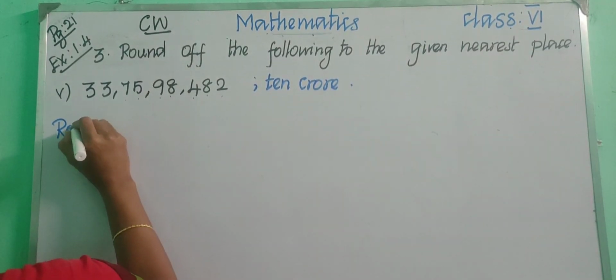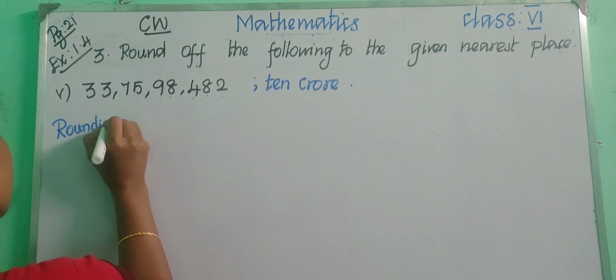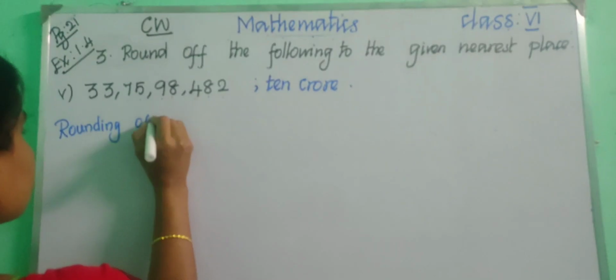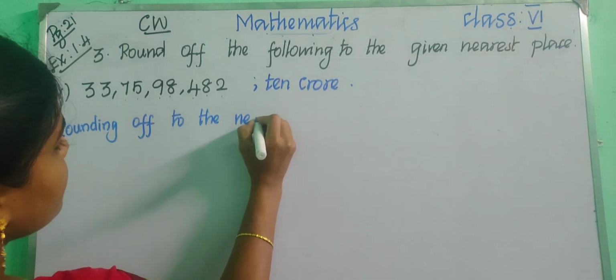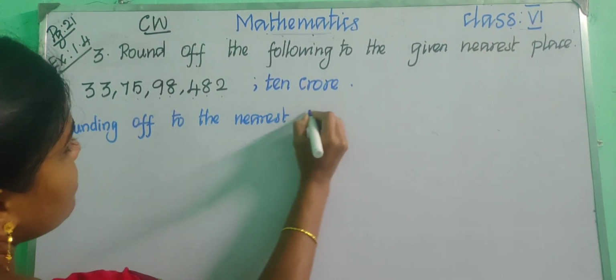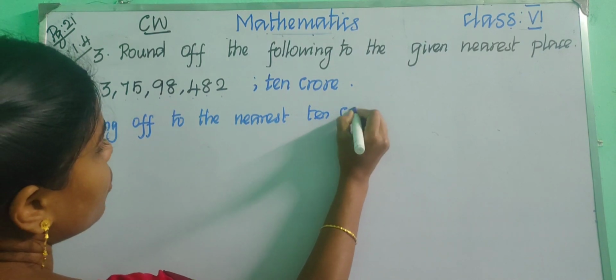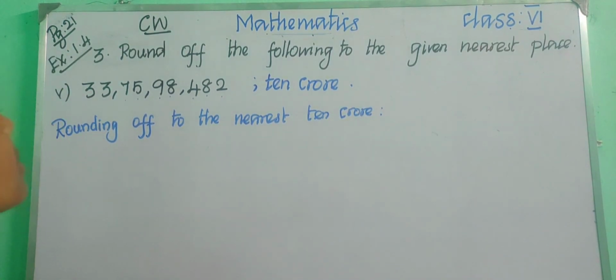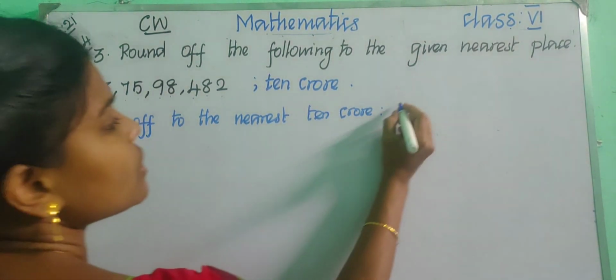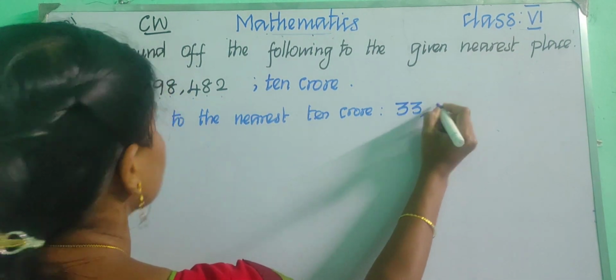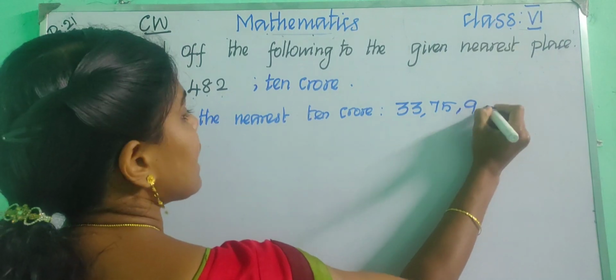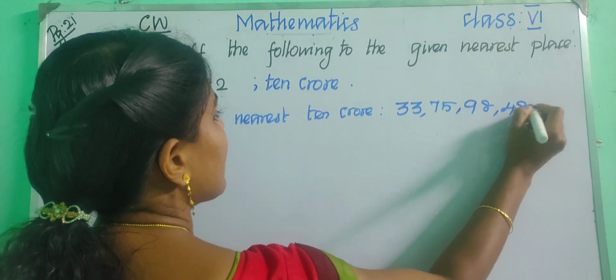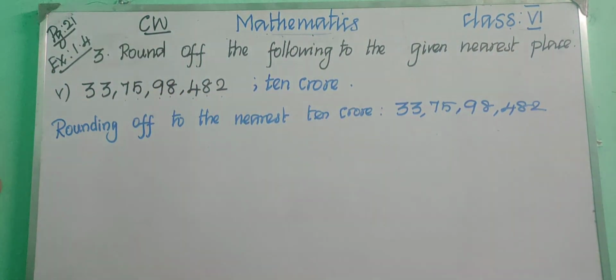So rounding off to the nearest 10 crore. Let us write the digits: 33 crore, 75 lakhs, 98,482. First of all, what we need to do?